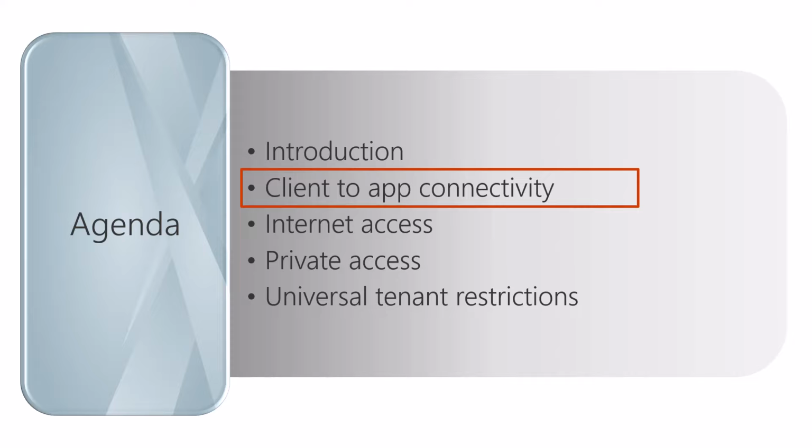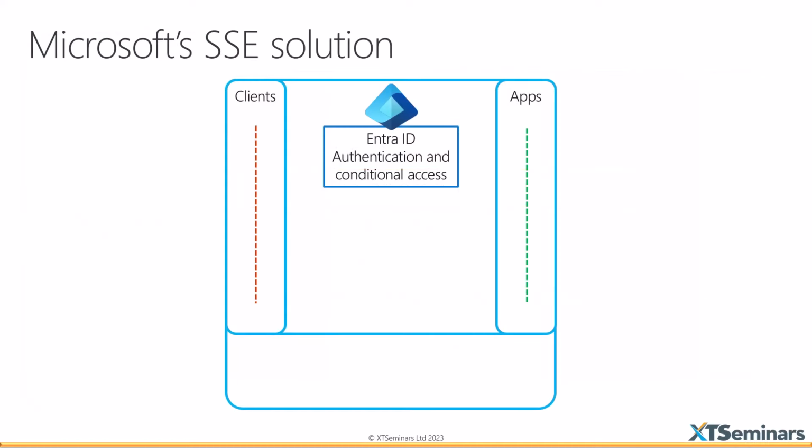I want to start by looking at client to application connectivity. And here I've produced my own sort of diagram or graphic. Microsoft may throw their hands up in horror when they see this, but actually I think it explains the story quite well. You have an edge where your clients connect, and you have an edge where we've got access to the applications.